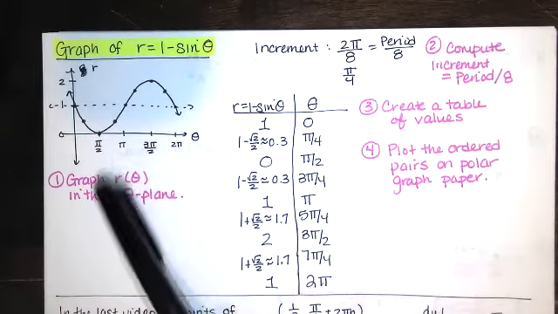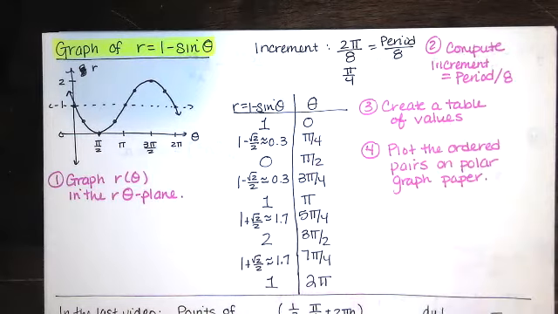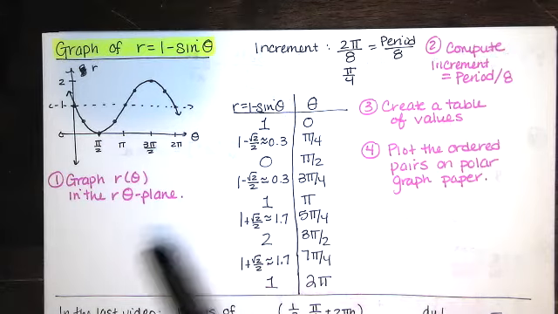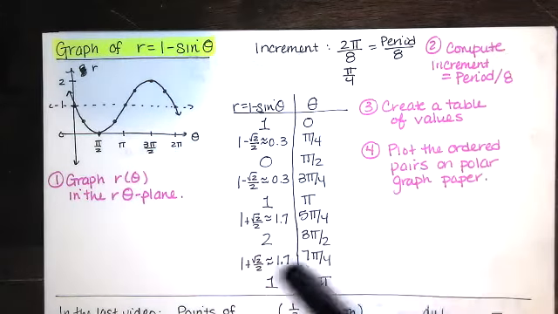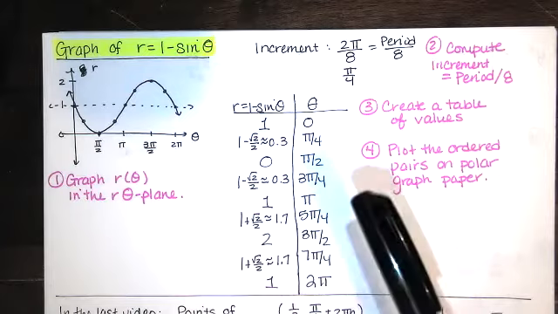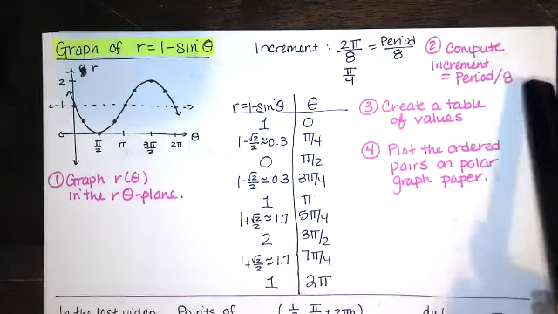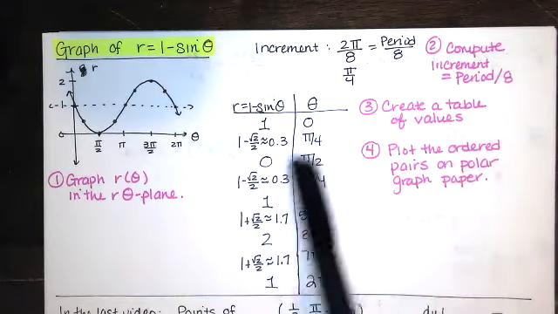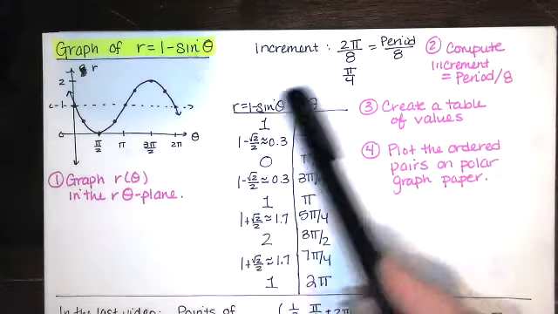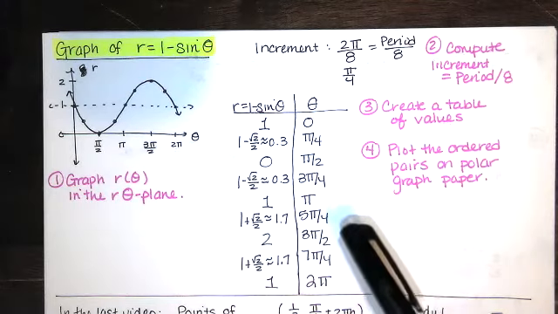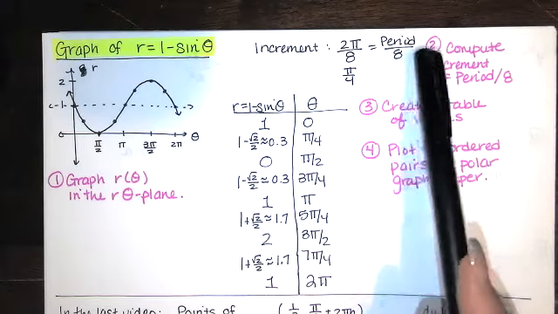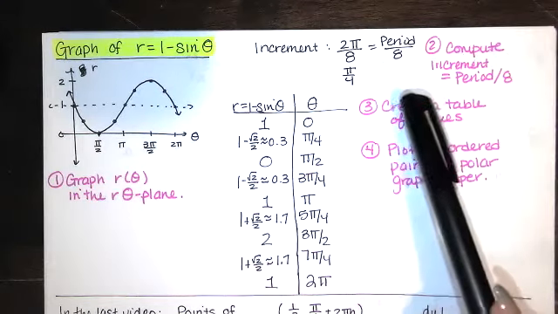With this graph, I can make a table of values that will allow me to graph the curve in the polar plane. Now, to come up with this table of values, the first thing I did was I computed the increment. In order to get a nice collection of points for my graph, I like to use 1/8 of the period as my increment.